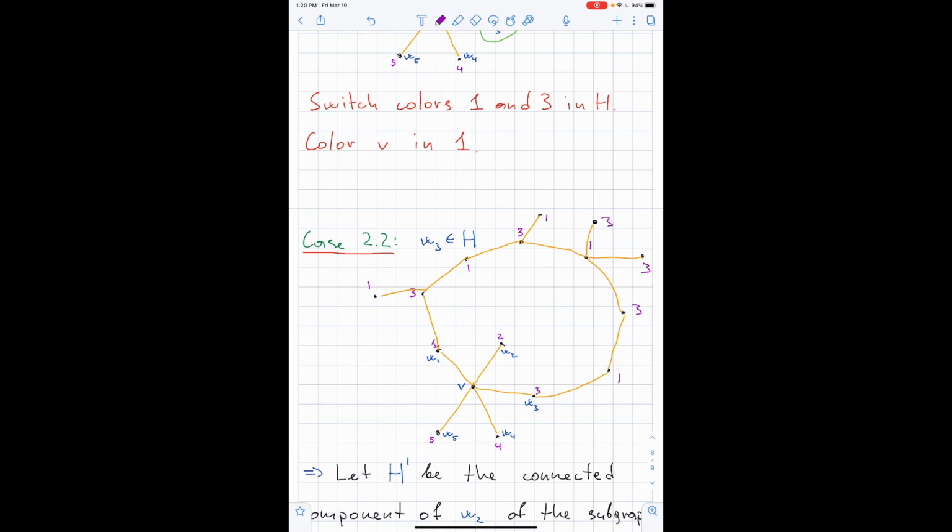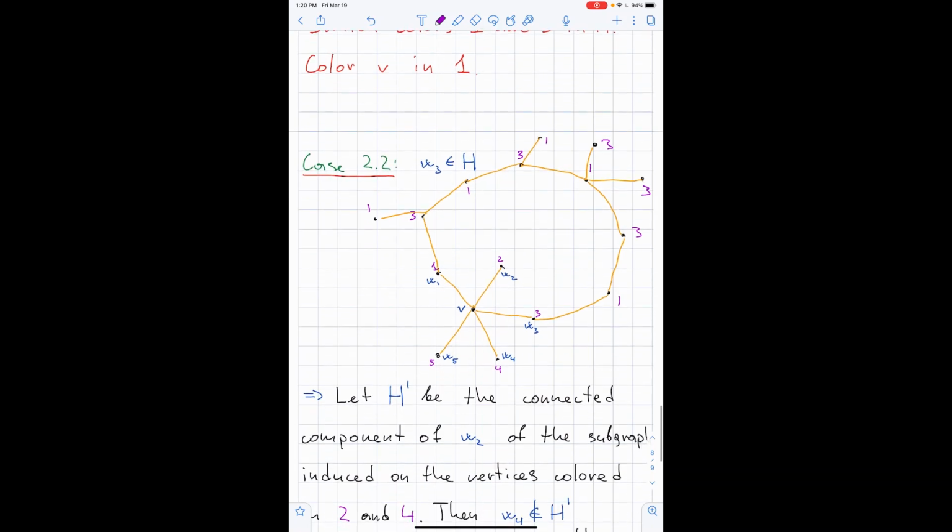And there could also be some other vertices colored in other colors attached to it, but we have this alternating path like that from W1 to W3. So yes, we can switch the colors 1 and 3 in this subgraph H.